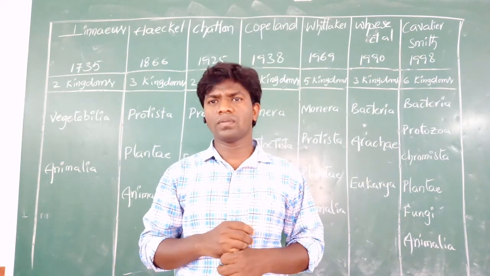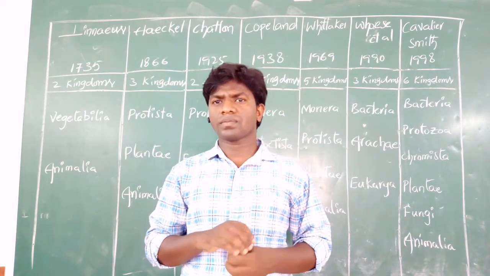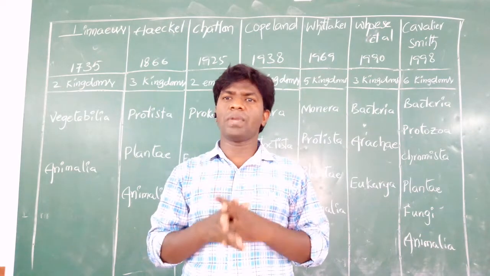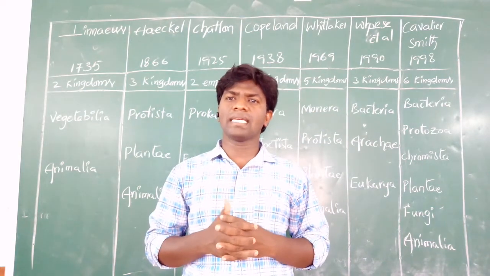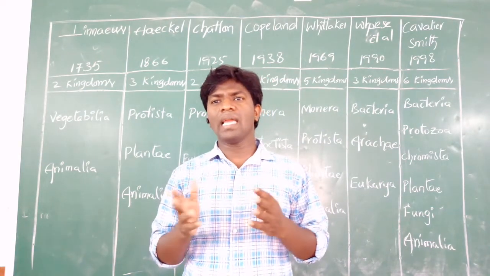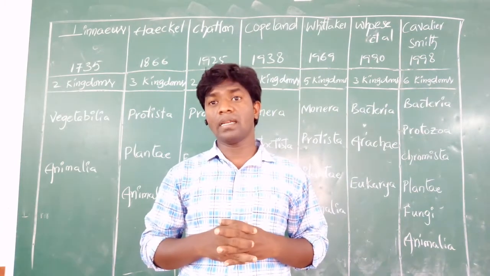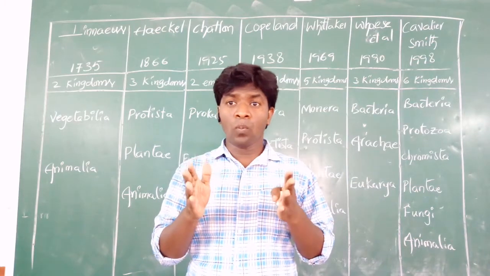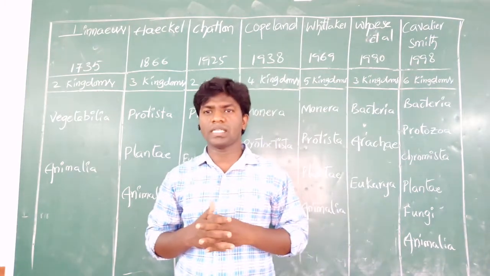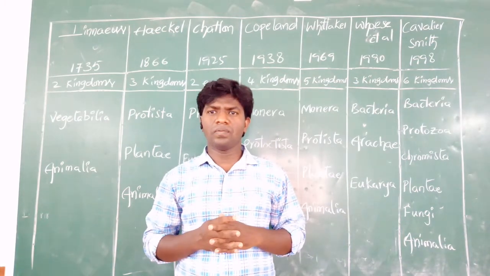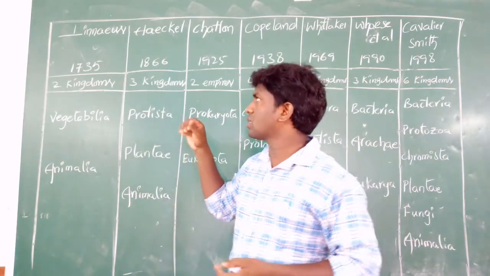Okay, have you understood? So the first major breakthrough from the Linnaeus model came from Whittaker in 1969. Whittaker proposed a 5 kingdom system. In this, once look at this.